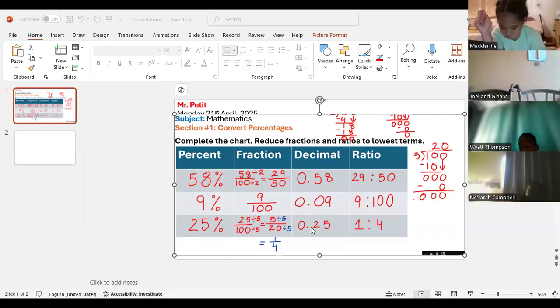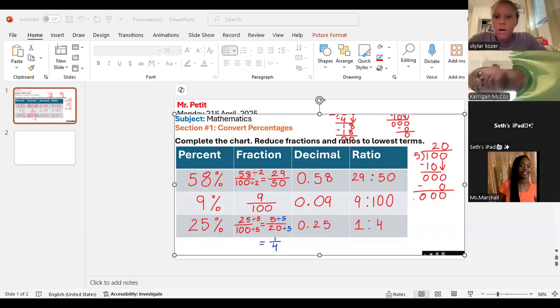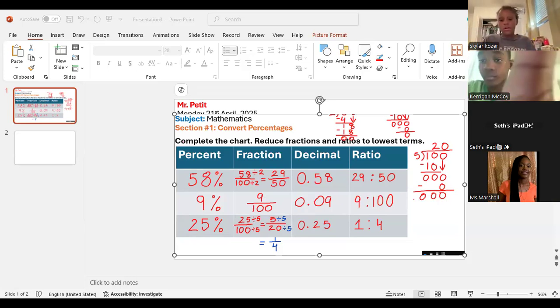Daniela, I need to know what your screen says so I could know how to guide you. It says reconnect. What does your IXL say? Have you signed in as yet? I'm still putting in my username. Okay, so put in your username and password. Good.